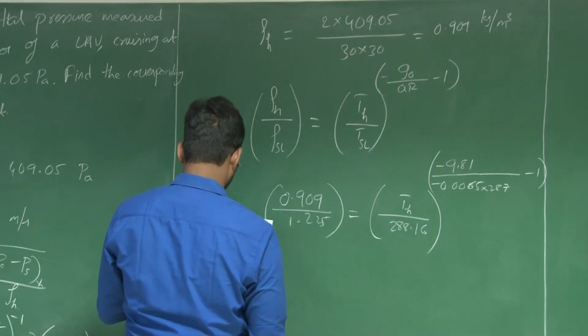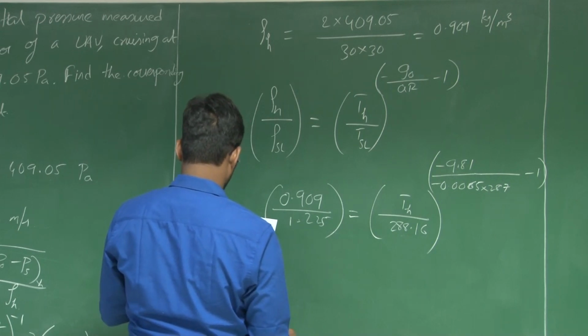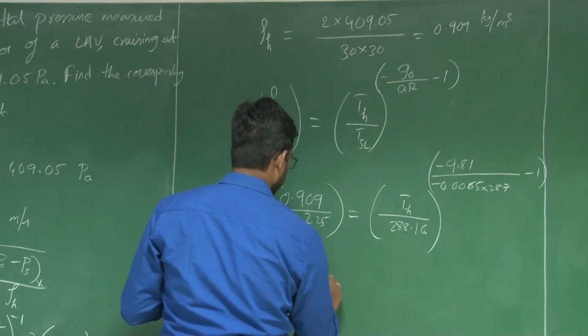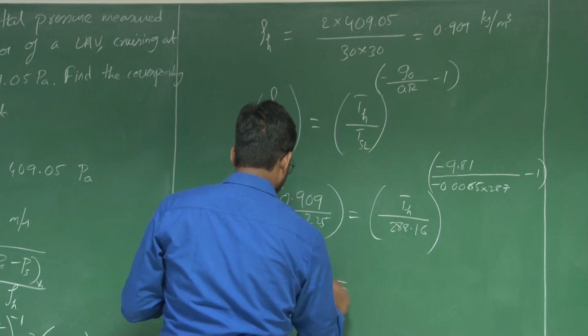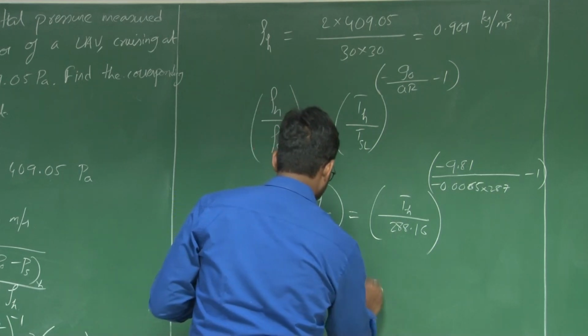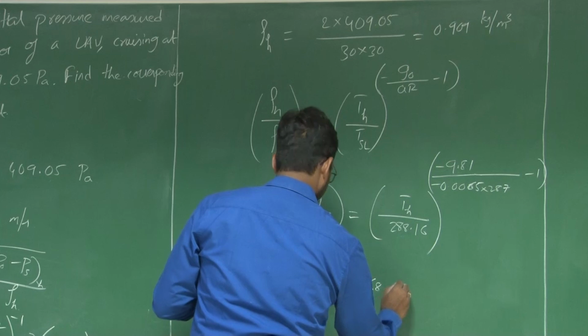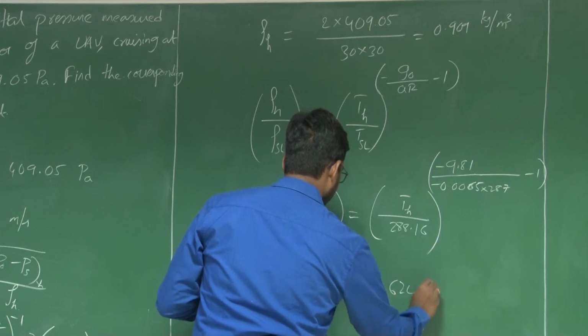This implies T at that particular altitude is 268.624 Kelvin.